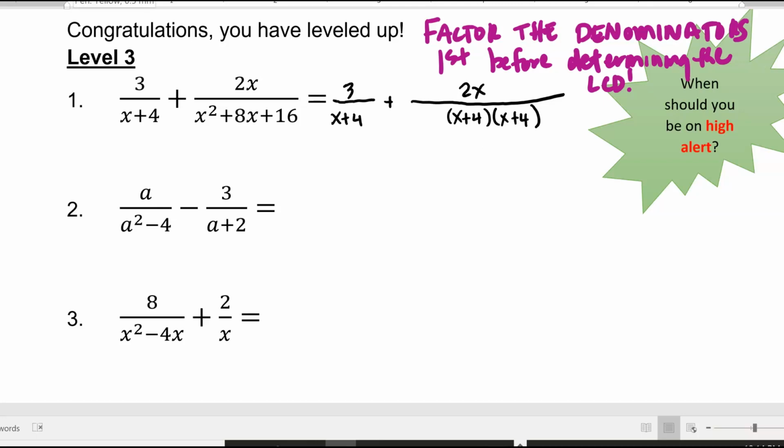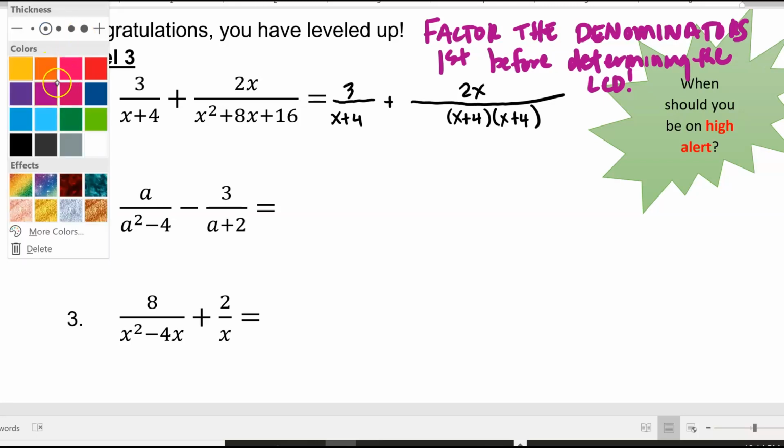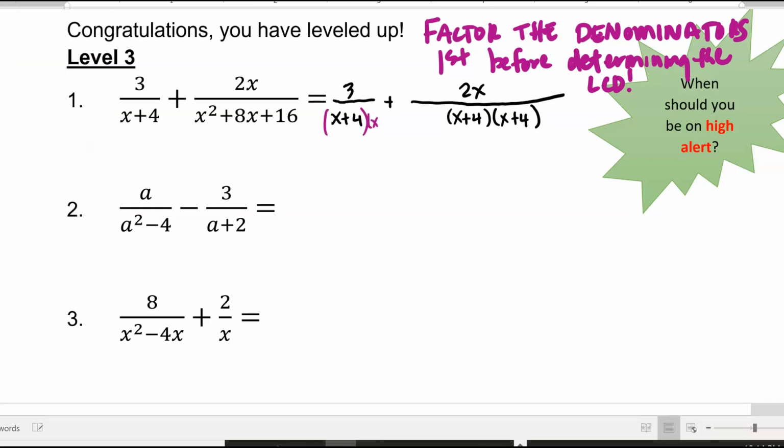In order to get them to be the same, we will have to multiply the first denominator by another x plus 4 so that both denominators will have x plus 4 times an x plus 4, or x plus 4 squared. But there's no need to write it as x plus 4 squared because you want to simplify it in the end. And you really need all the factors laid out so that you can determine if you can cancel common factors.